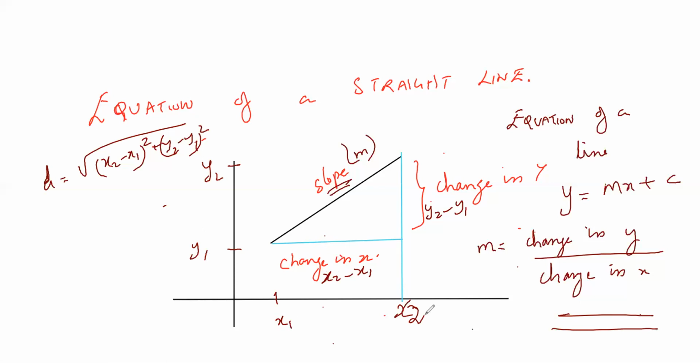So slope is nothing but y2 minus y1 by x2 minus x1, also you can write. So hence we get slope is equal to y2 minus y1 by x2 minus x1.